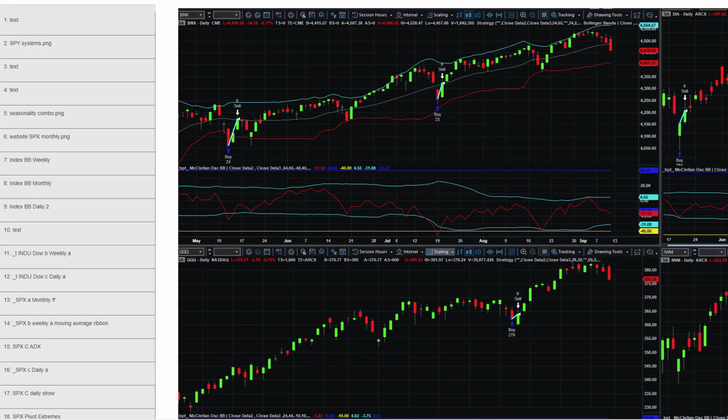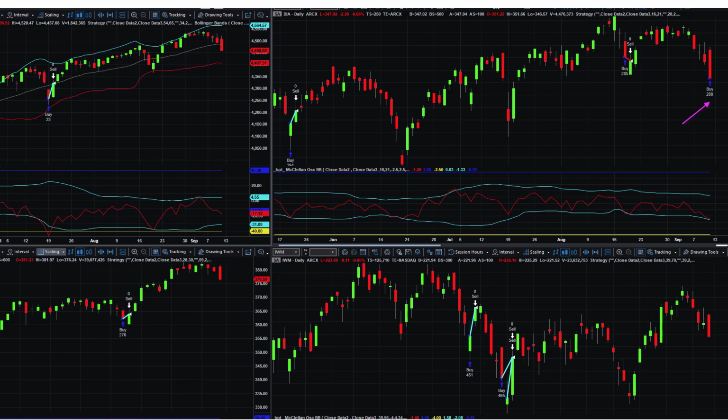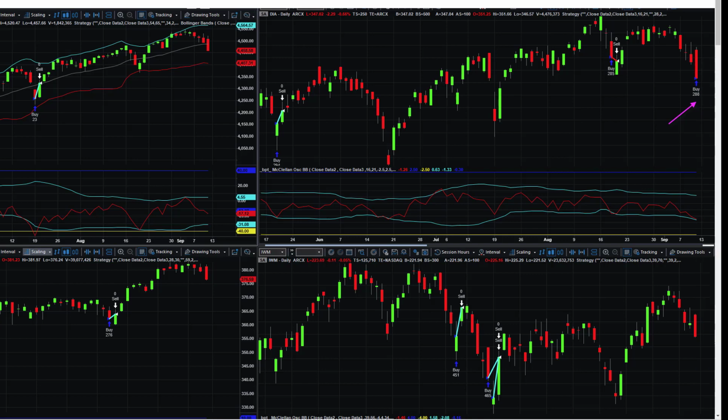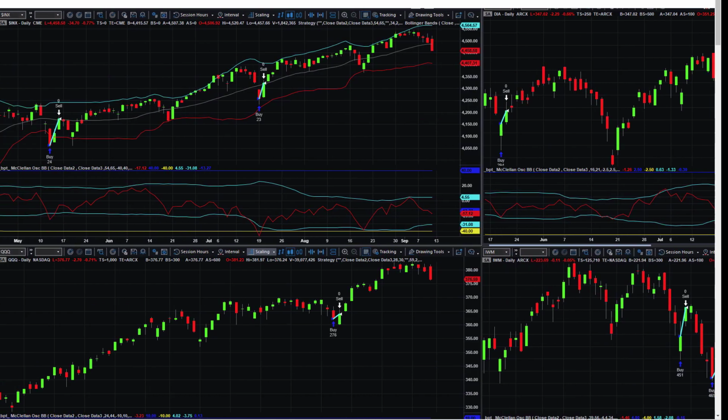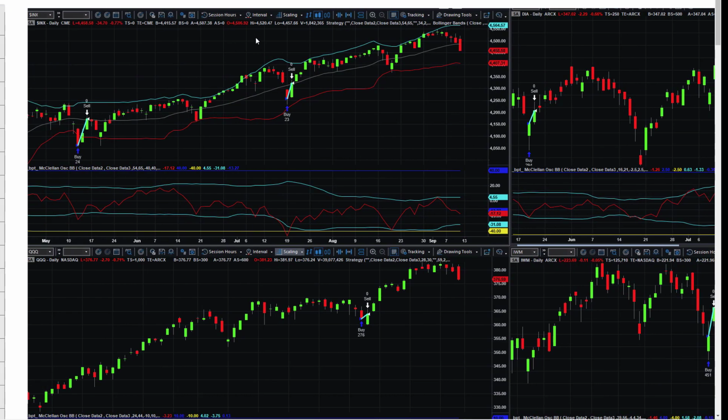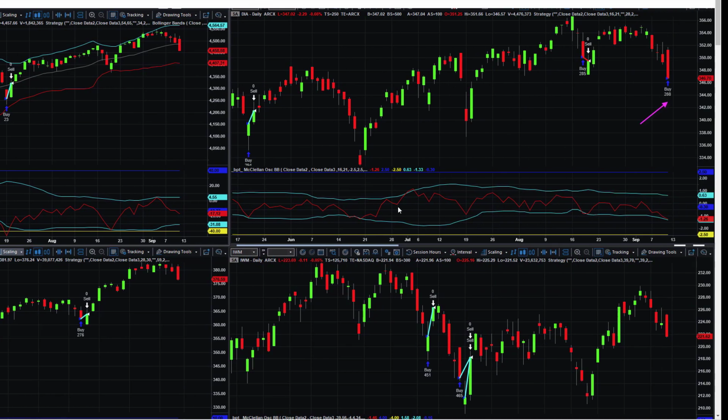This chart, number 38, is our McClellan oscillator systems for the major indexes. Here's the S&P, here's the triple Qs, here's the Dow, and here's the IWM. You can see the Dow went long on Friday. I posted that on the trading community blog.